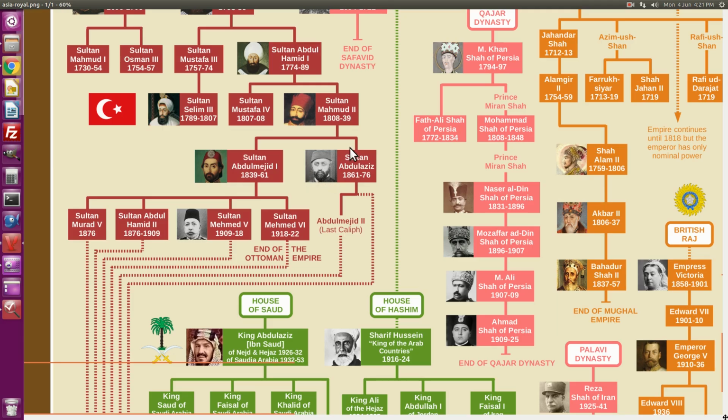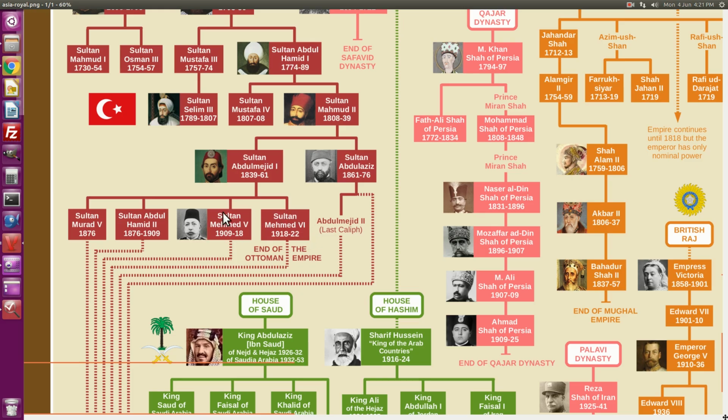But then after Abdülaziz, it goes to the more senior relatives that are alive at that point. And so those are the sons of Abdülmecid I. And so 4 different sons rule as sultan. And these are the final 4 sultans of the Ottoman Empire, the final one being Mehmed VI.